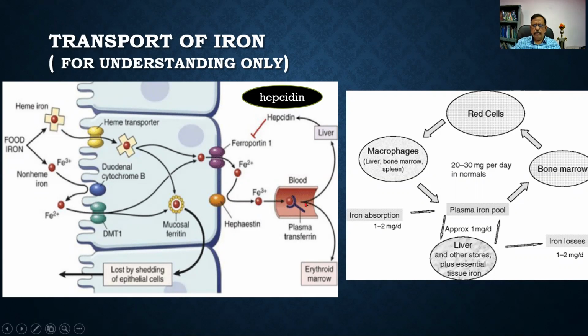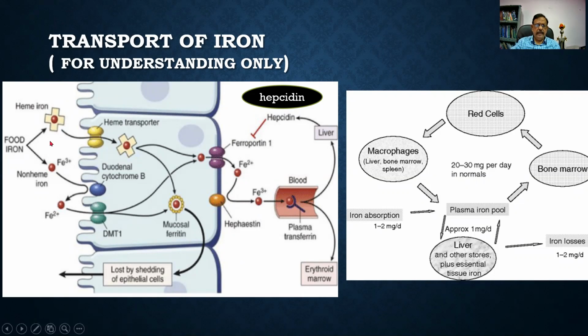It may be more important under iron deficiency anemia. This is a mucosal epithelial cell, this being the luminal surface, and this is the basement membrane and the lamina propria. You find that there will be receptors for iron, and there are basically two types of iron.